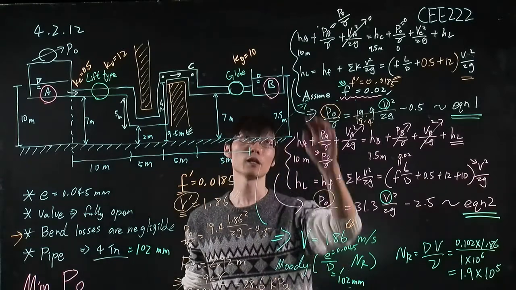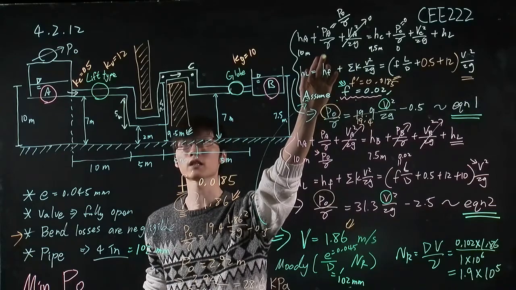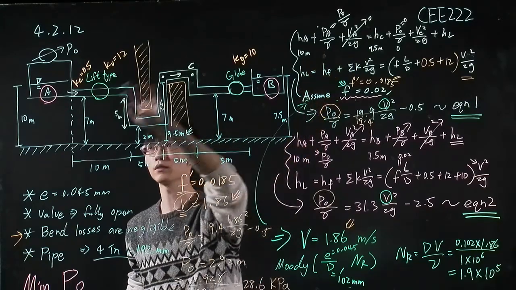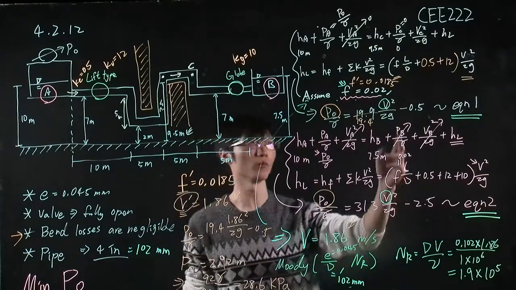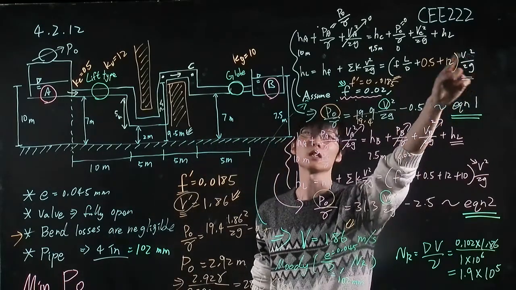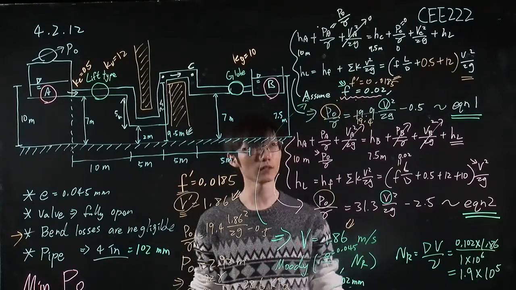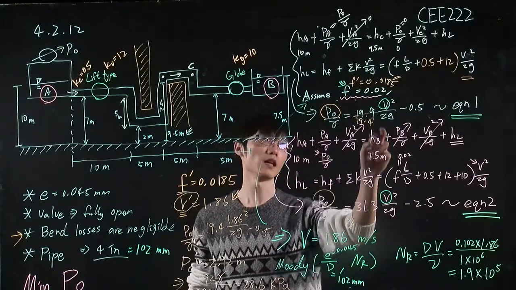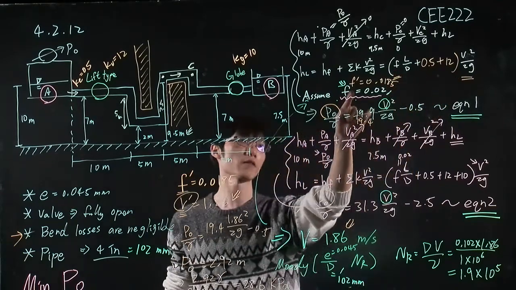Okay, but after we reorganize this energy balance equation between point A and point C, we found we have two unknowns. One is the velocity and one is P naught. And in order to simplify our equation into one unknown, we need to assume this f.